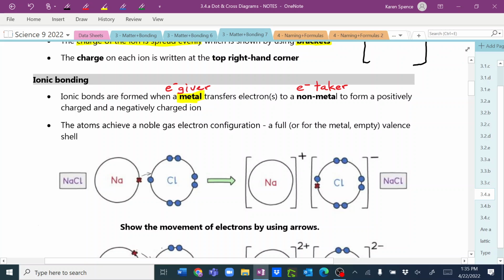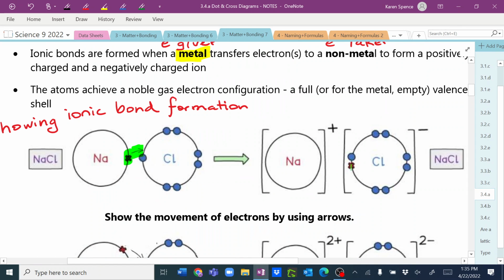So you use an arrow to say, oh, look, this electron is moving over to the empty hole in the chlorine, and it ends up over here.